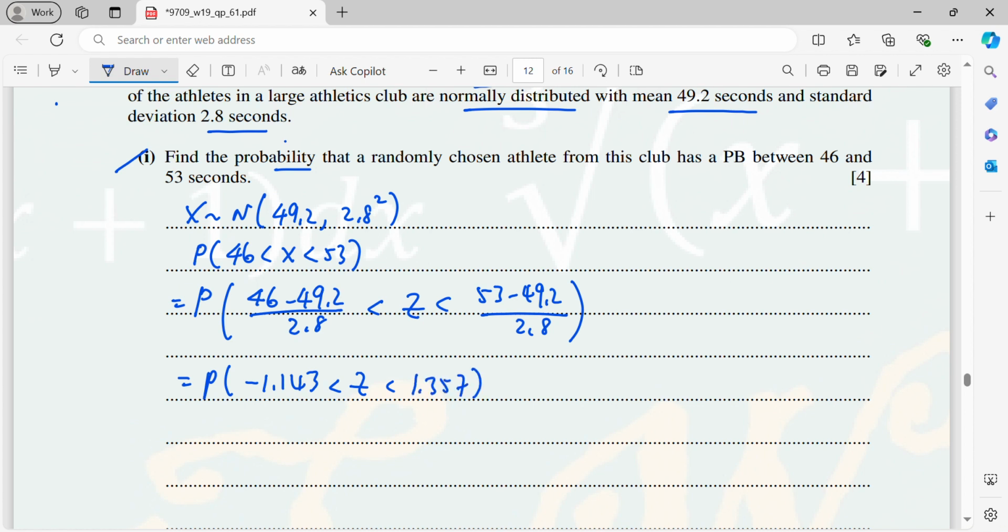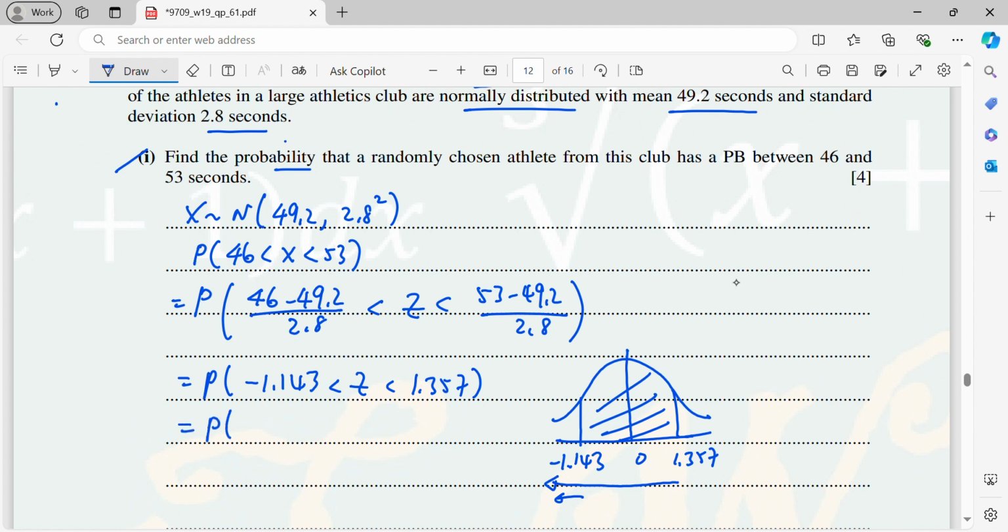1.357. Now when I sketch the graph, one is negative 1.143, another one is 1.357. To find this probability, remember we always use the graph. So this probability minus the smaller probability. That means this is P(Z < 1.357) minus P(Z < negative 1.143).